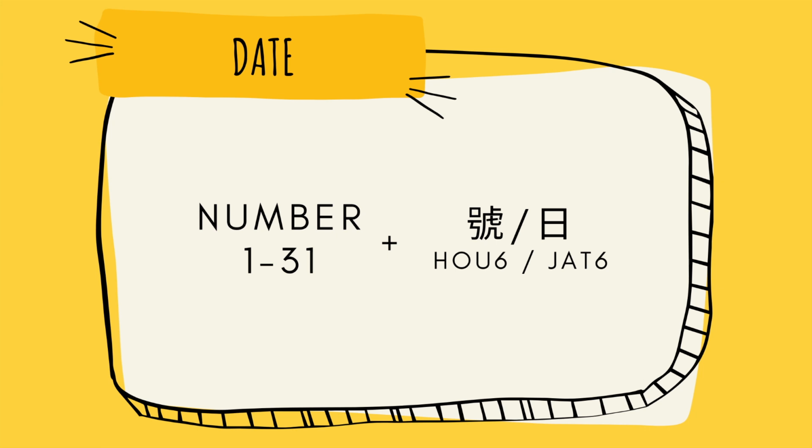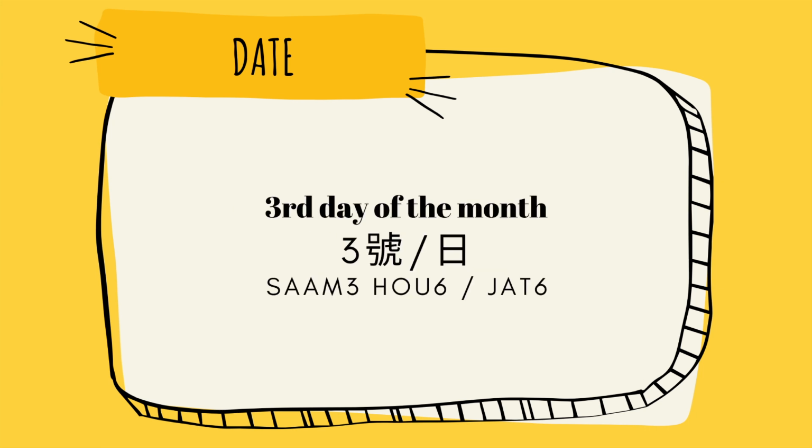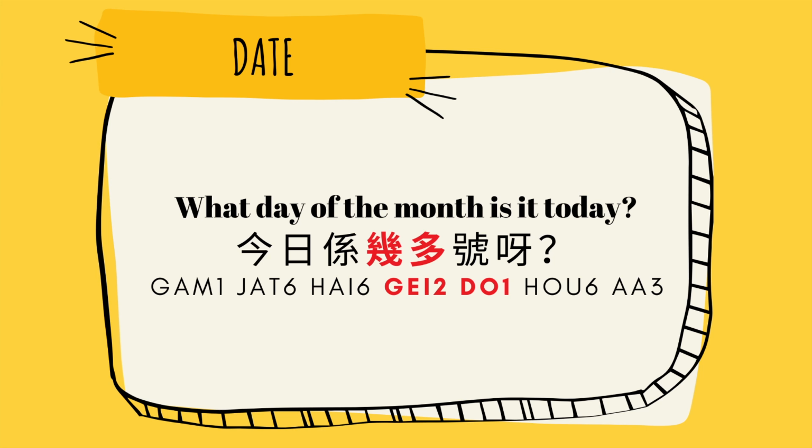For example, 3號, third day of the month. To ask for the date, you can use the phrase we taught, 幾多. 今日係幾多號啊? What day of the month is today?